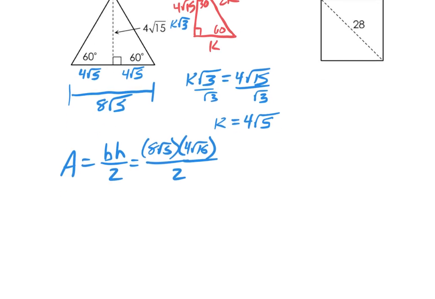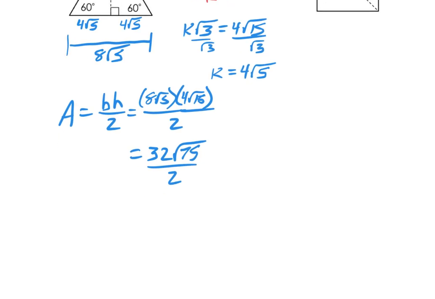Okay. So now if we multiply these two together, 8 times 4 is 32. Radical 15 times radical 5 would be 15 times 5, 75, all over 2.